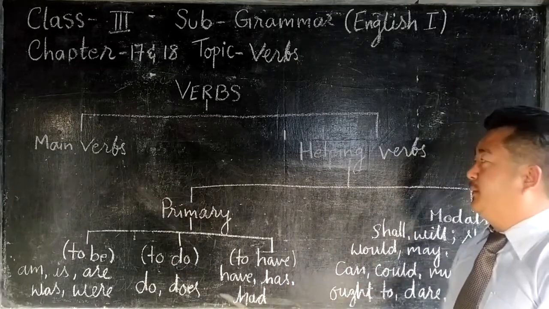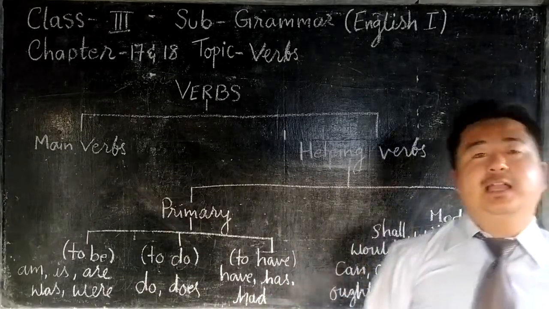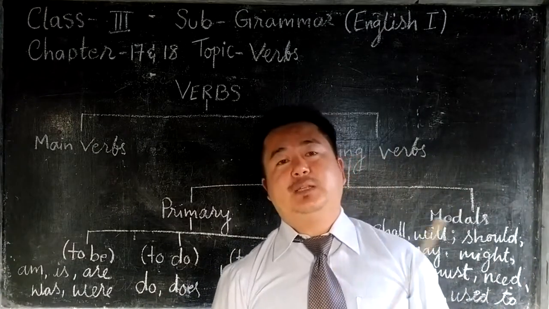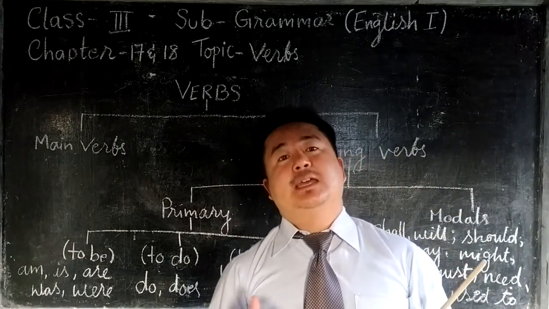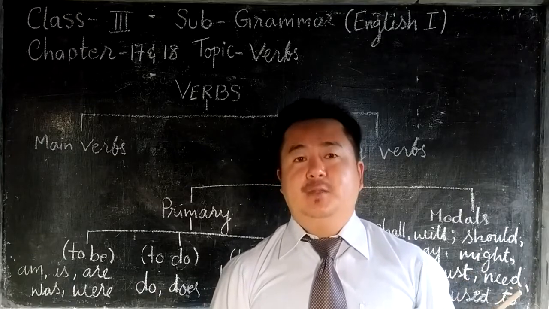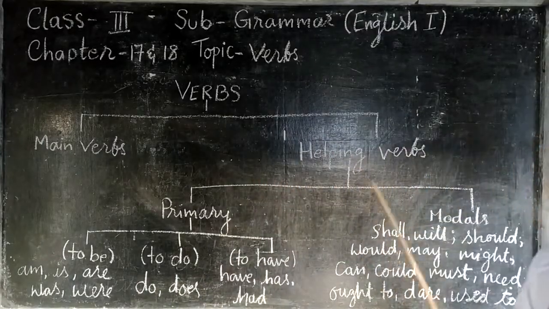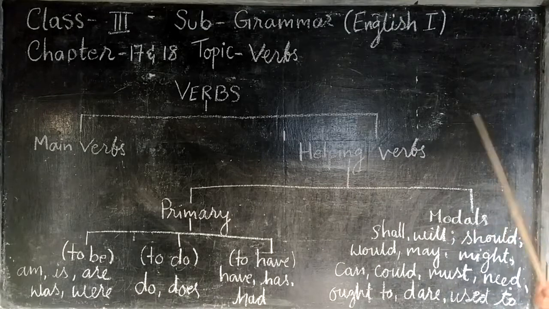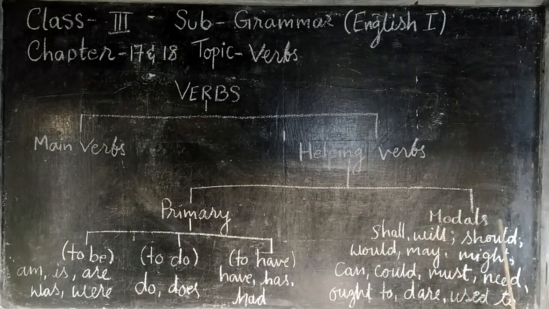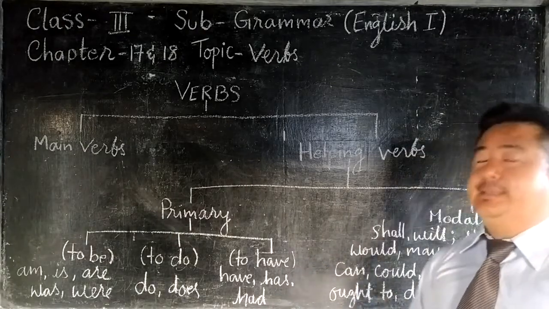So all together, if we talk about helping verbs or auxiliary verbs, we have 23. Under the modals we have shall, will, should, would, may, might, can, could, must, need, ought to, dare, used to. These are all modal verbs that you use in a sentence.